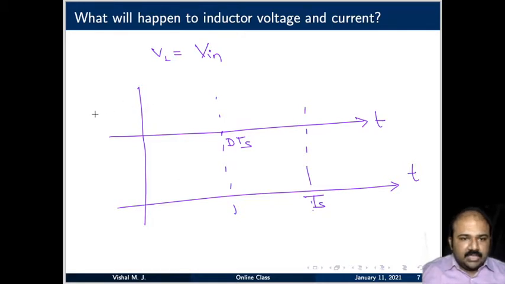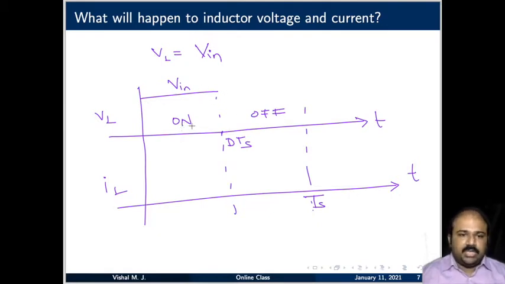If this is the inductor voltage and if this is the inductor current, inductor voltage is equal to input voltage. So this is Vin until DTs. That is the time when the switch is on. For the remaining time, the switch is off. So when the switch is on, the inductor voltage is same as the input voltage itself.